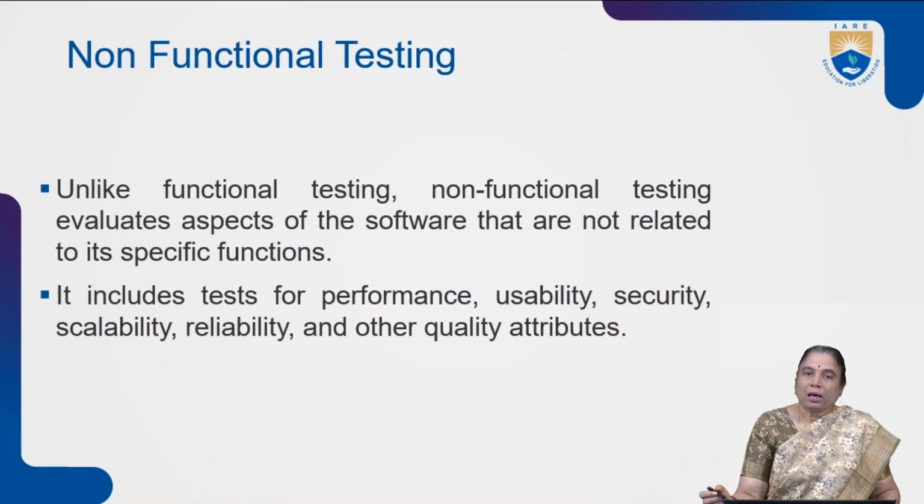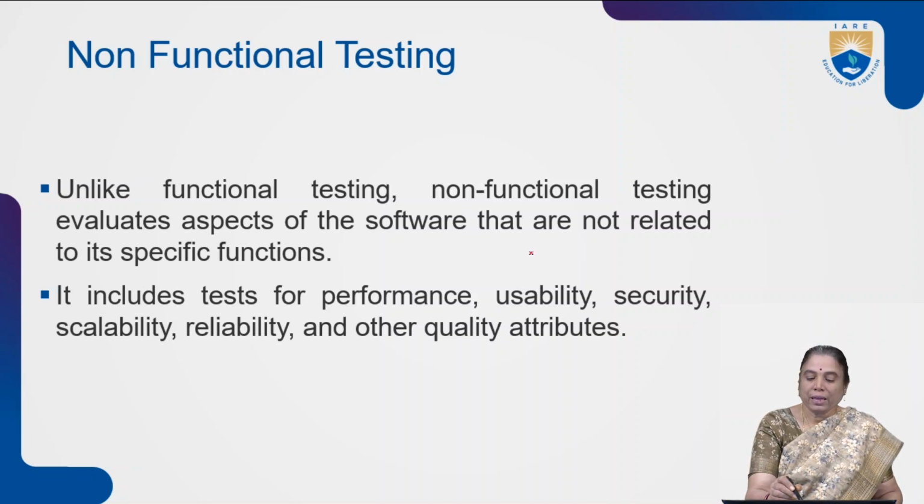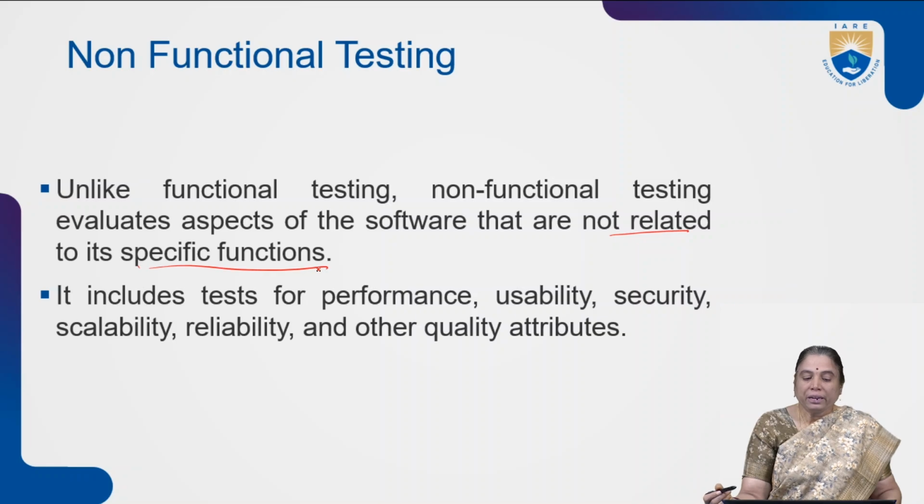Another variety of black box testing is non-functional testing. Unlike functional testing, non-functional testing evaluates aspects of the software that are not related to its specific functions. It includes the quality attributes of the application, so the non-functional requirements of the application are the focus.